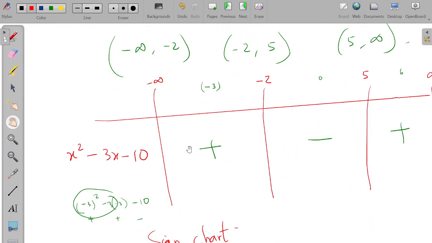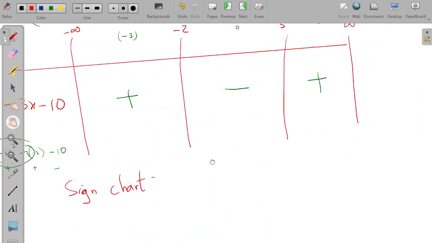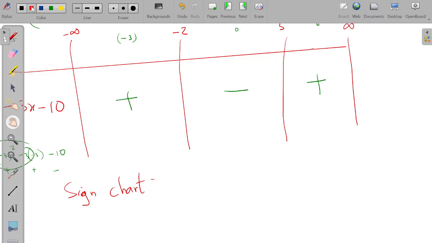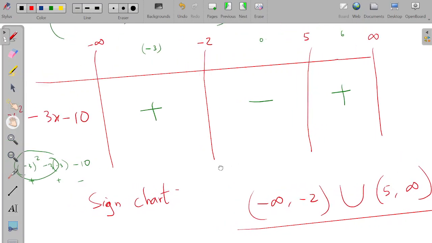When you see the positive sign, it's greater than 0 there. When you see the negative sign, it's less than 0 there. We are looking for where it is greater than 0. That means the interval of our solution is negative infinity to negative 2, union 5 to infinity. That is the interval of our solution.